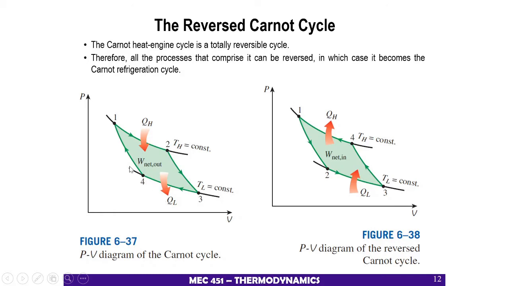And then 4 is compressed again, to higher temperature, higher pressure and much lower volume. So this is your volume 4, this is your volume 1. Compared to the reverse Carnot cycle, 1 to 2 is an expansion with heat being supplied, 2 to 3, 3 to 4 compressed again, and 4 to 1 heat being rejected.